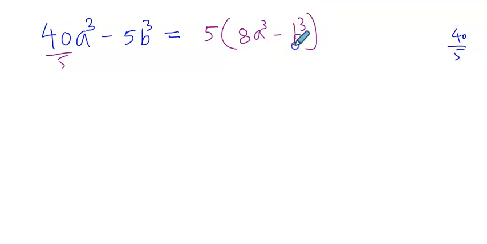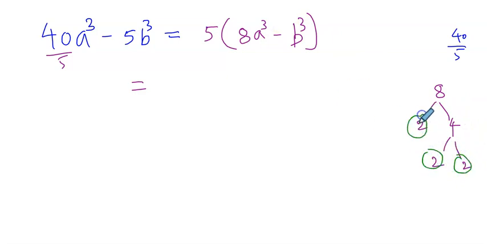Still, it is not in any of the given forms. But he is talking about a cube and a cube. Can you write this 8 as a cube of something? 8. Right. 2 can divide 8, 4 times, again 2 divides 4, 2 times. So this 8 can be written as 2 times 2 times 2, that is 2 to the third power.